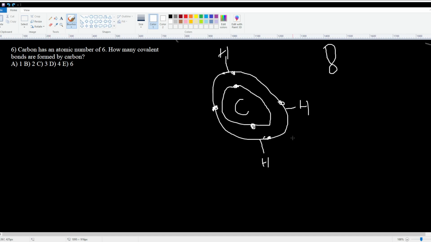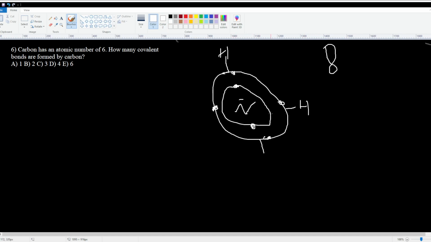But what if we're talking about nitrogen, for example? Let's go ahead and erase this. So what if this is talking about nitrogen?